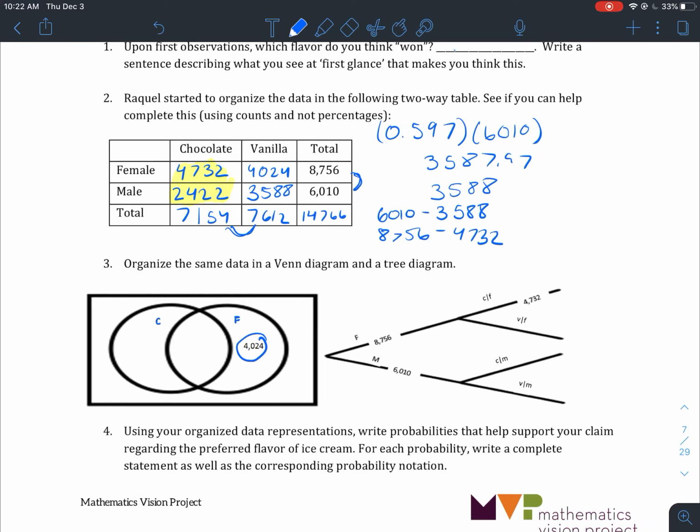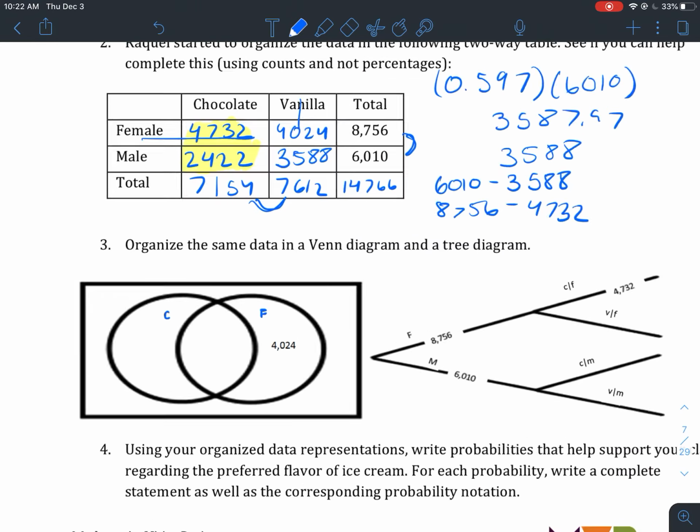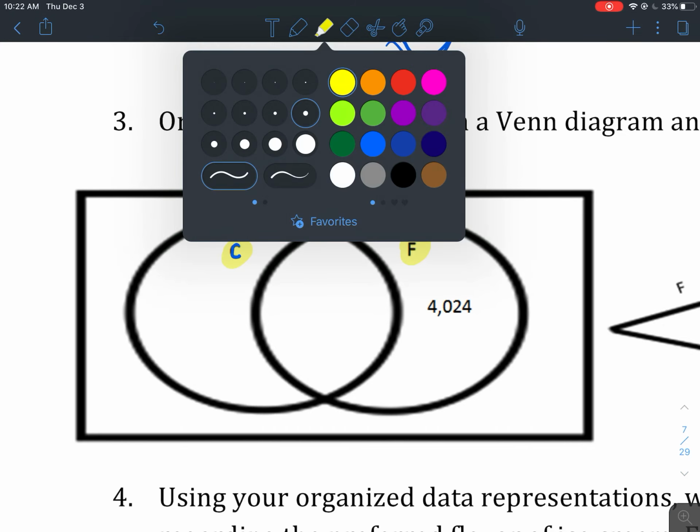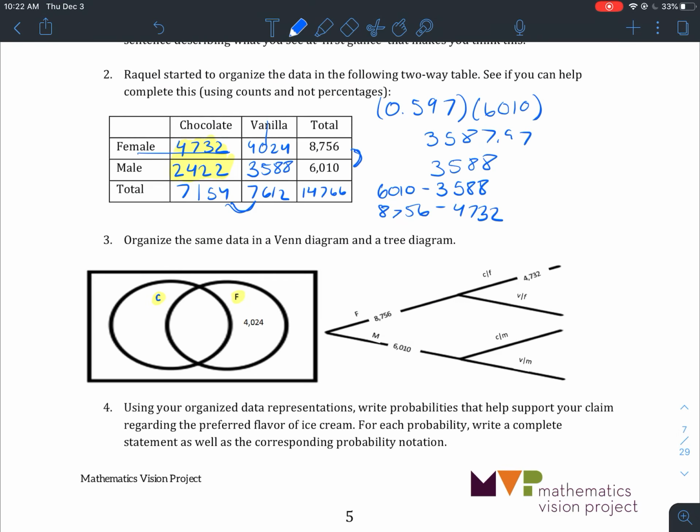Because they're not in the chocolate circle. And that's why it's females who chose vanilla. Now, someone who qualifies for both of these circles would be a female that chose chocolate, right? So we look over here. Well, how many females chose chocolate? 4,732.